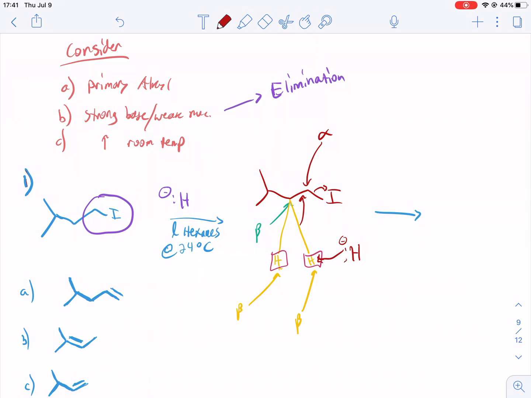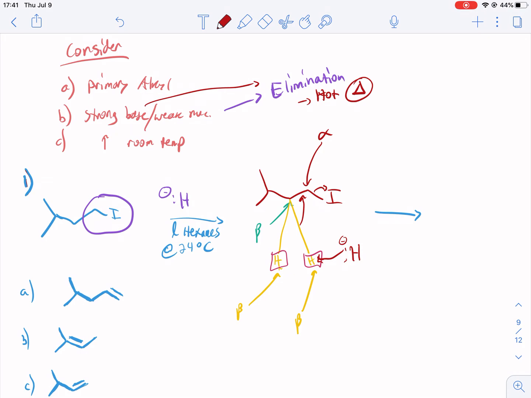If it's cold, you force substitution. Room temperature is a toss-up. If it's a strong base and it's hot, you can jump to elimination. If you see this little triangle, go to elimination. And cold, substitution. That's just how you can do those reactions.